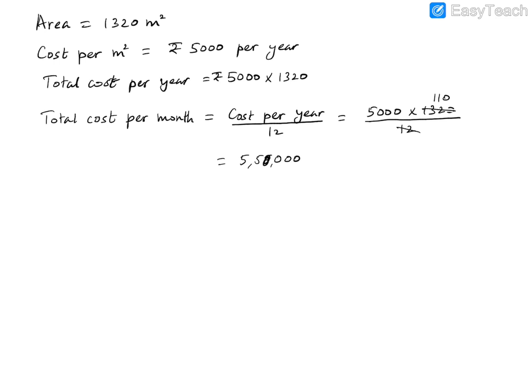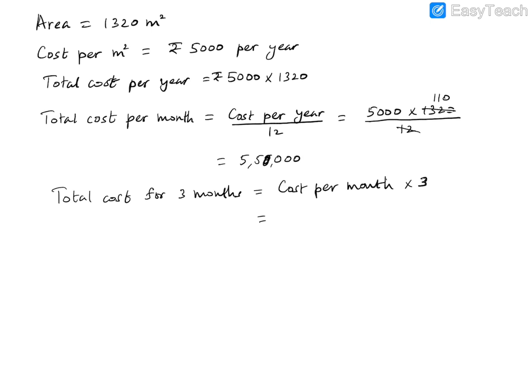So we have 5,50,000 as the total cost per month, and we now need to calculate the cost for 3 months. So the total cost for 3 months equals the cost per month into 3.